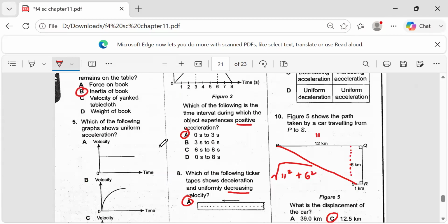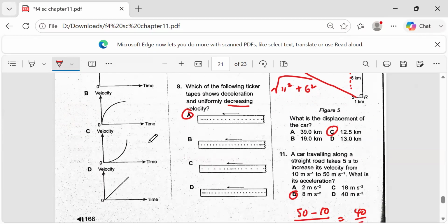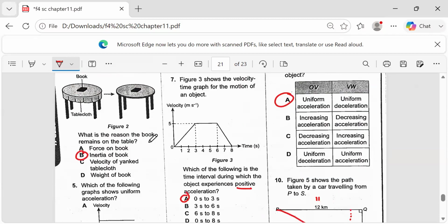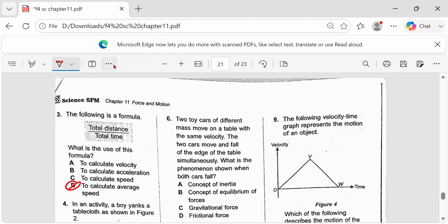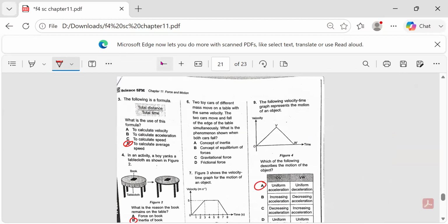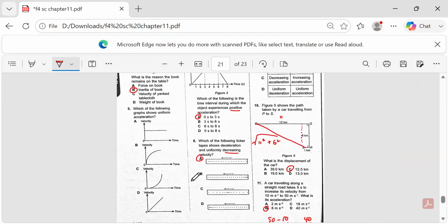Okay, look at question 5. Okay, what's your answer for 5?